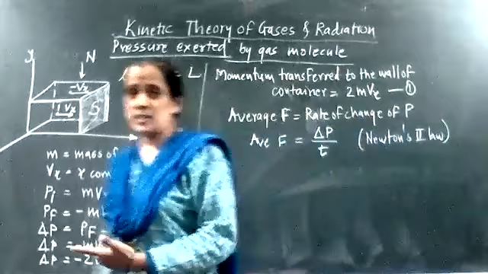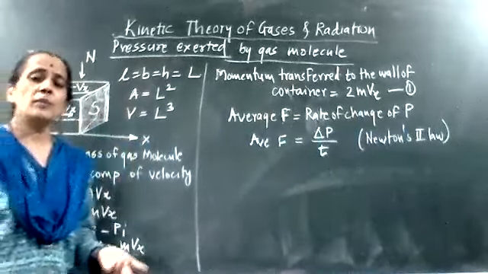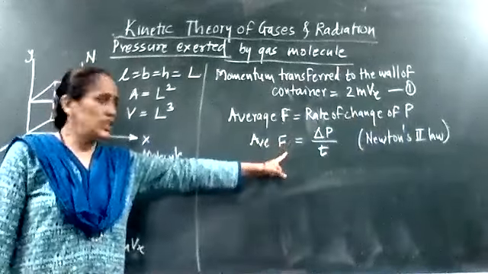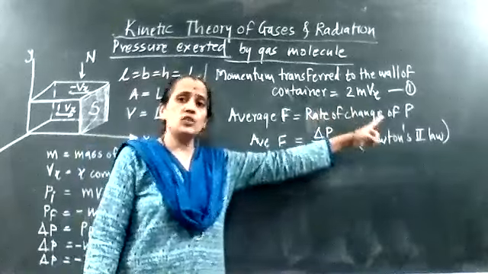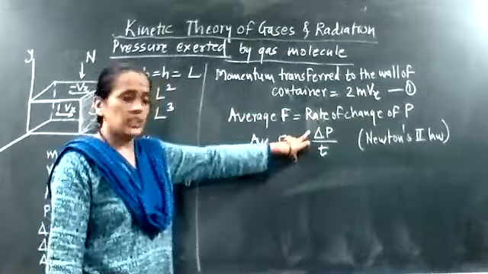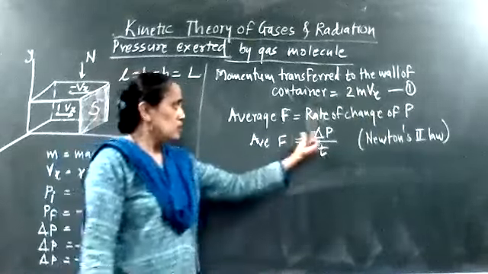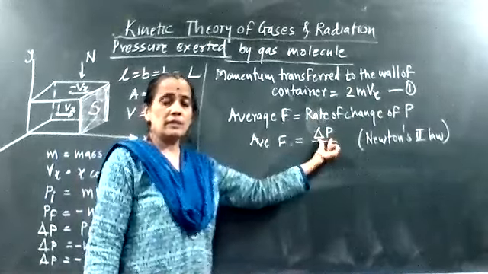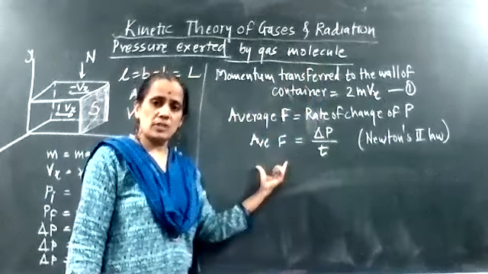This equation we have written from Newton's second law. Newton's second law says that the rate of change of momentum imparted to the particle remains constant. So average force is equal to the rate of change of momentum, which means change in momentum per unit time. This is the change in momentum of the wall, because the wall will exert a force.